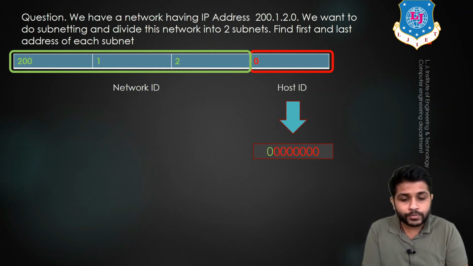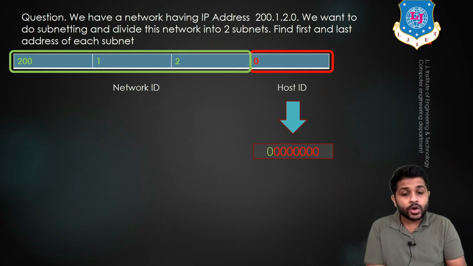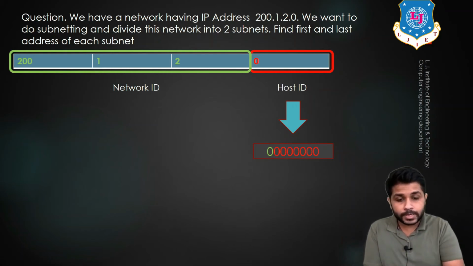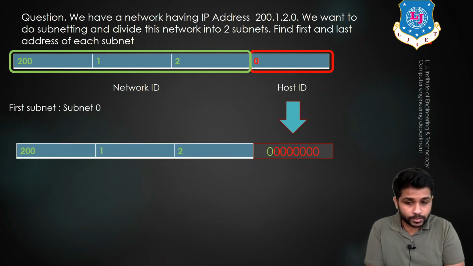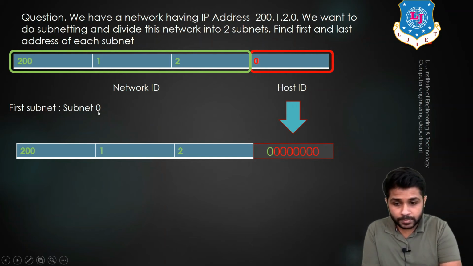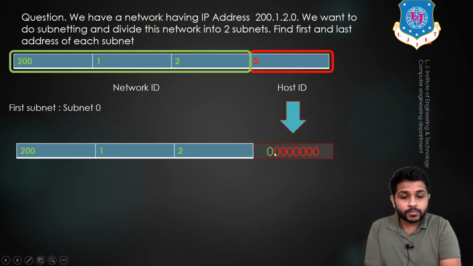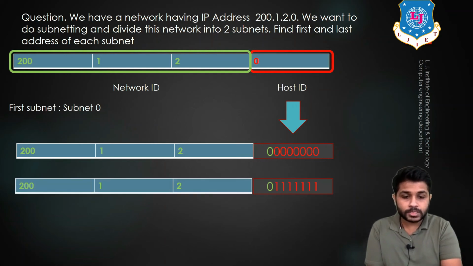First of all, I want to find the starting and the ending address of the first subnet, that is subnet 0. So to find the starting and the ending address, we will keep all the host bits 0 because we want to find for the subnet 0. So the value of the converted bits will remain constant and the host bits will be all 0 for the first address, and for the last address all bits will be 1.